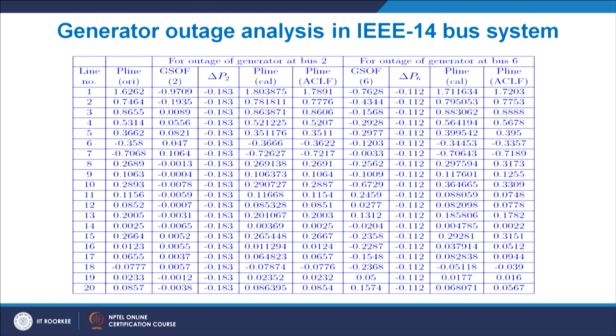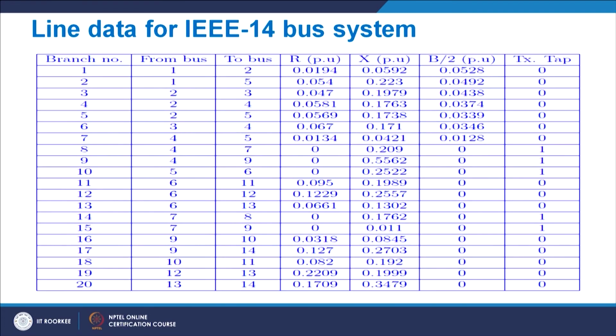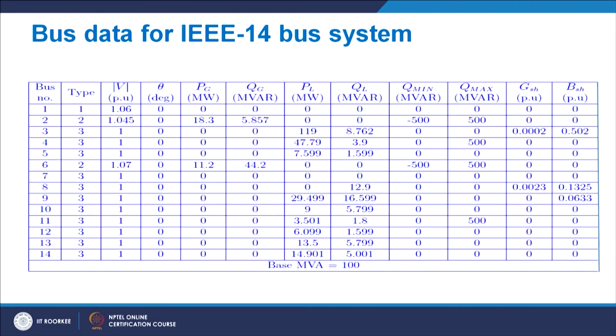For the full AC load flow, from our data we simply remove the generator at bus 2, making all of its values 0, and say that we have only 2 generators, 1 and 6. Bus 6 remains the same, so automatically the entire extra generation will be taken by bus 1.